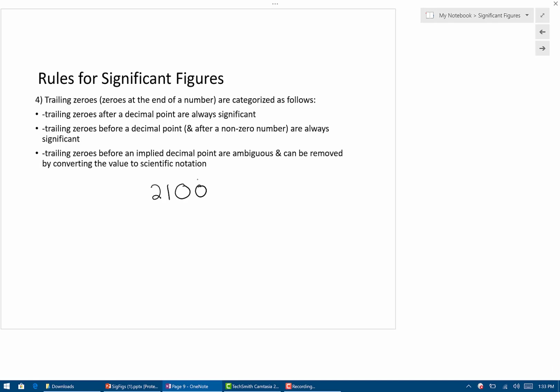That could be significant or it couldn't, but we could be really clear in our communication here if we converted this to scientific notation. So we could report this number as 2.1 times 10 to the third. And now you can see we only have 2 sig figs.